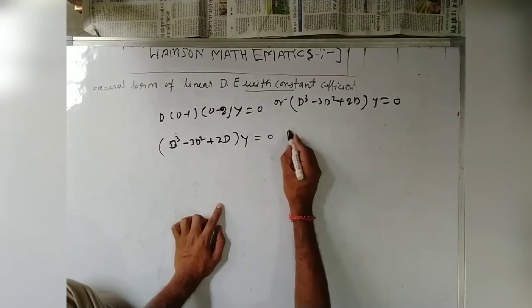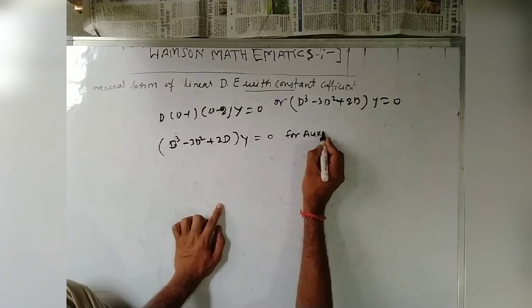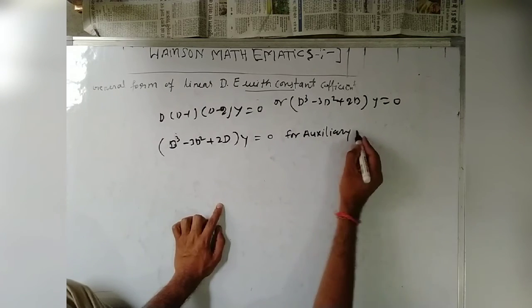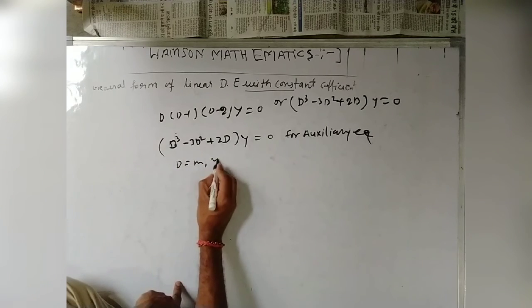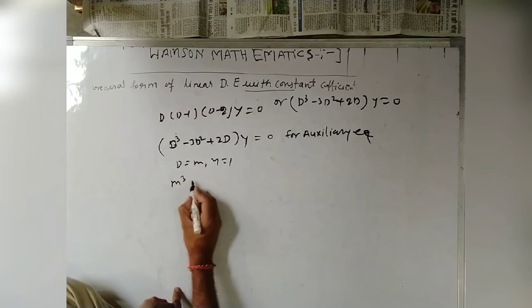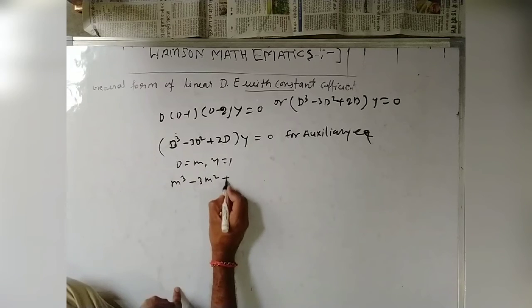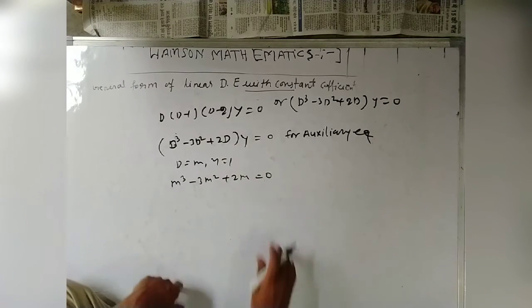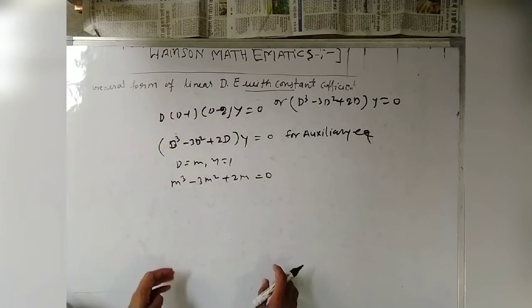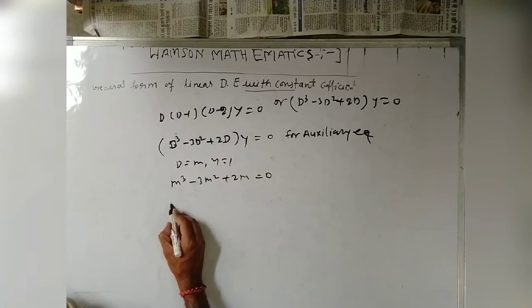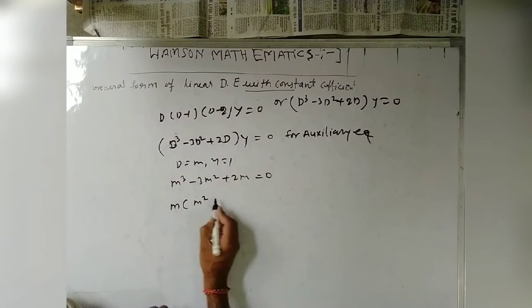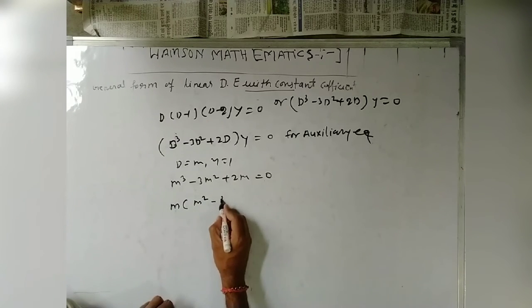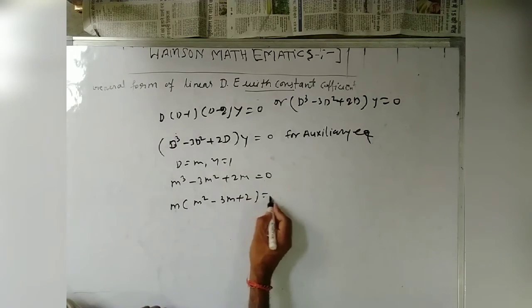So for the auxiliary equation, we put D is equal to m and y is equal to 1. So here m cube minus 3m square plus 2m is equal to 0. So let me write here m is common, so here m square minus 3m plus 2 is equal to 0.